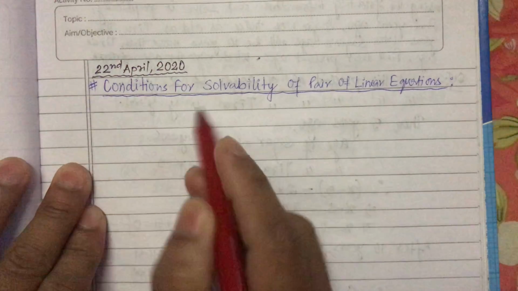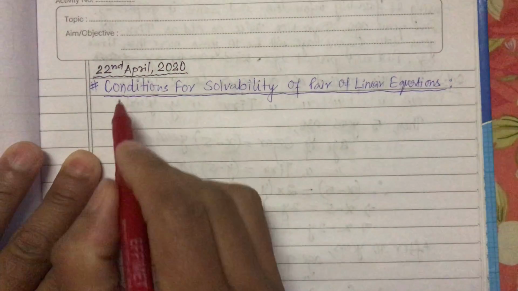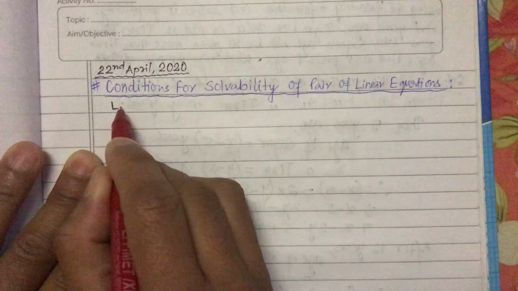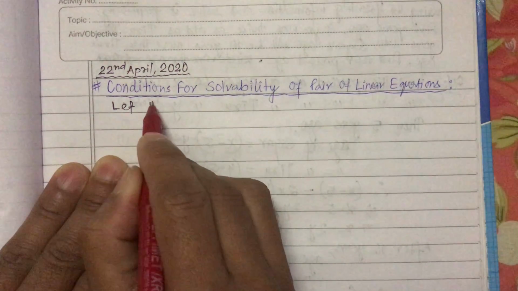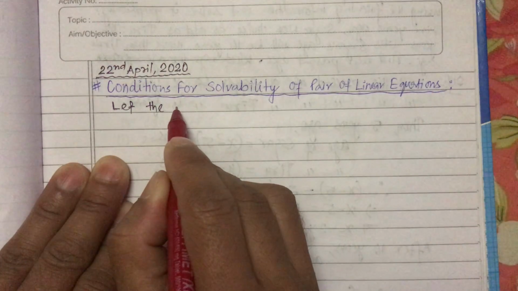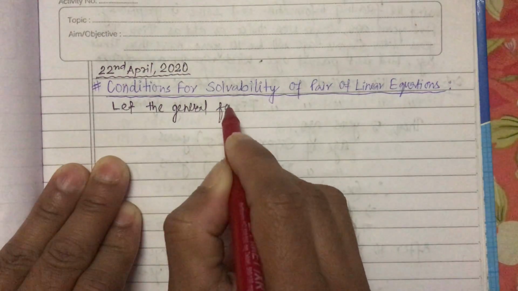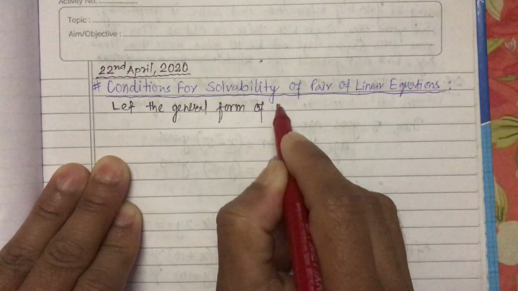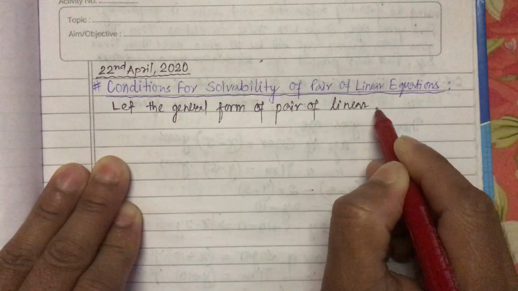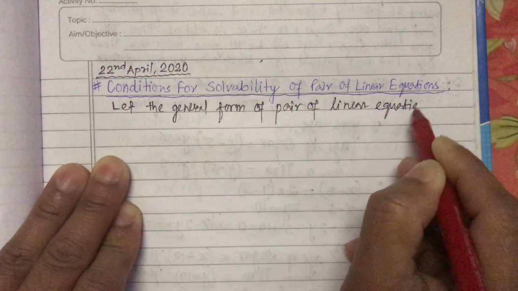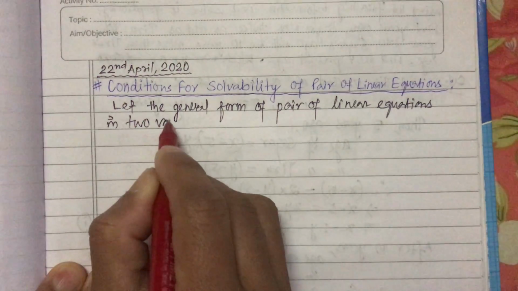Let us assume the general form of pair of linear equations in two variables.